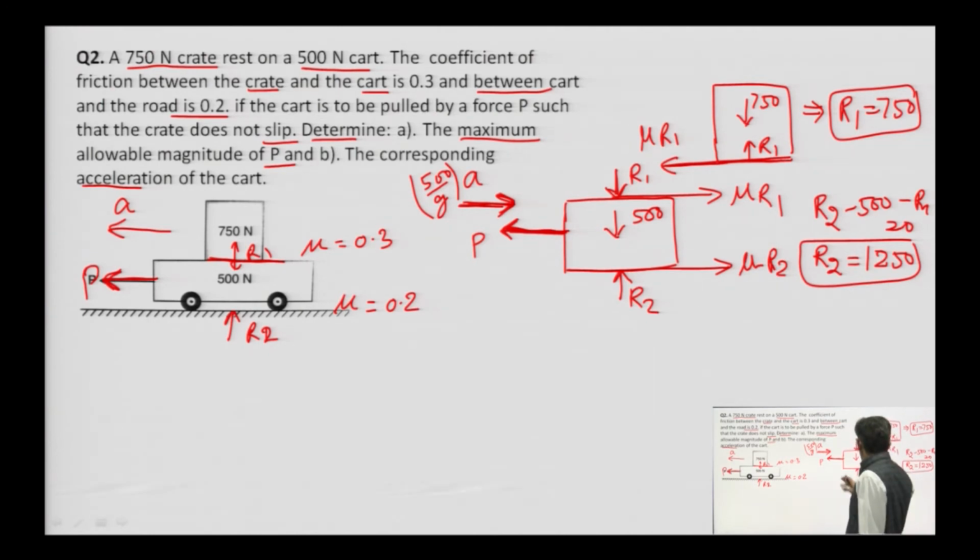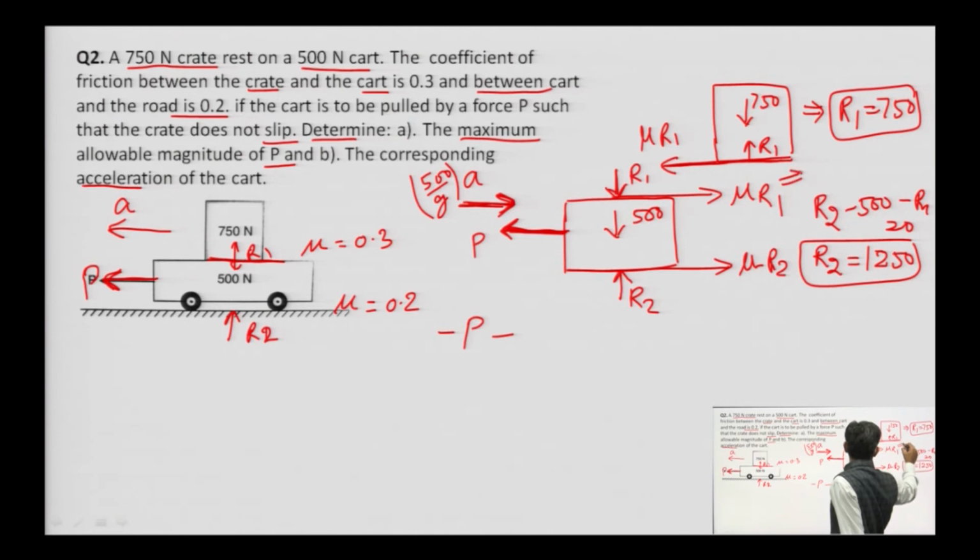So let us apply sigma Fx equal to 0. It is minus P plus mu R1 plus mu R2, since R1 and R2 are known to us.